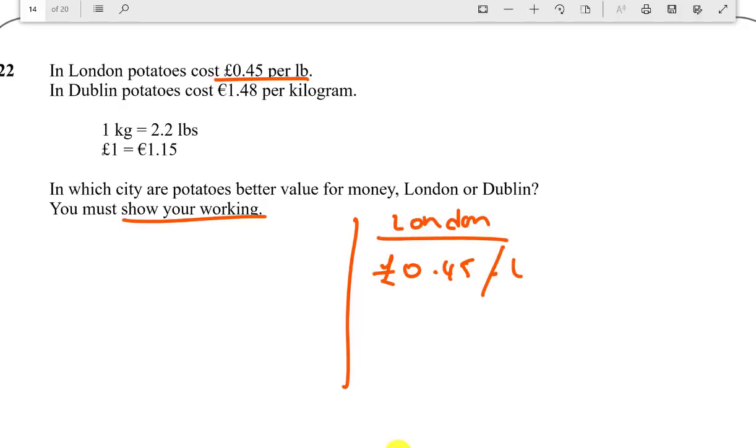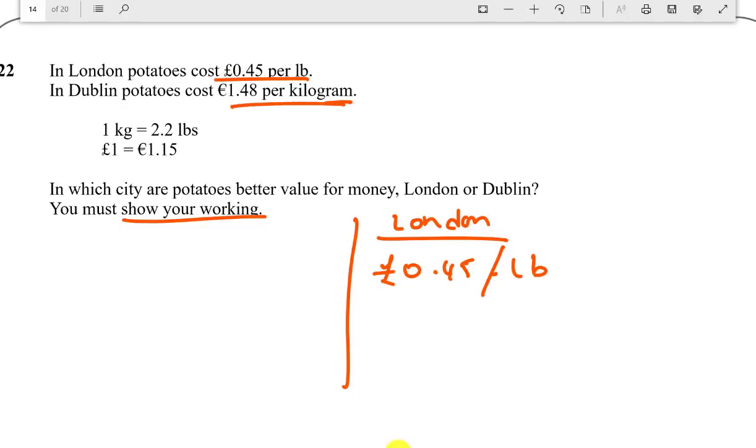Because we're leaving it as pounds, we need to change the Dublin potatoes cost into pounds as well, because they're in kilograms.